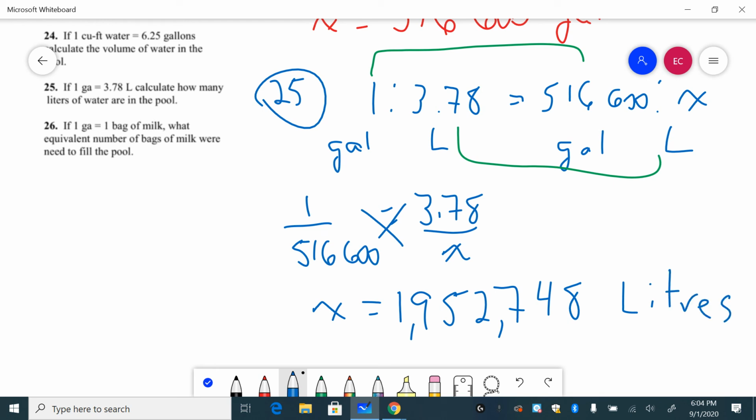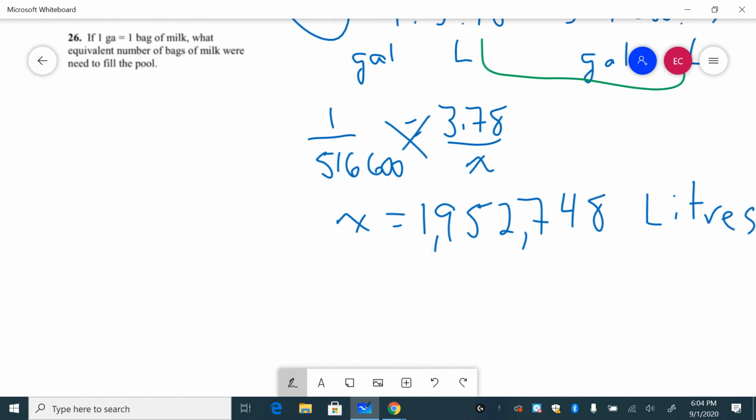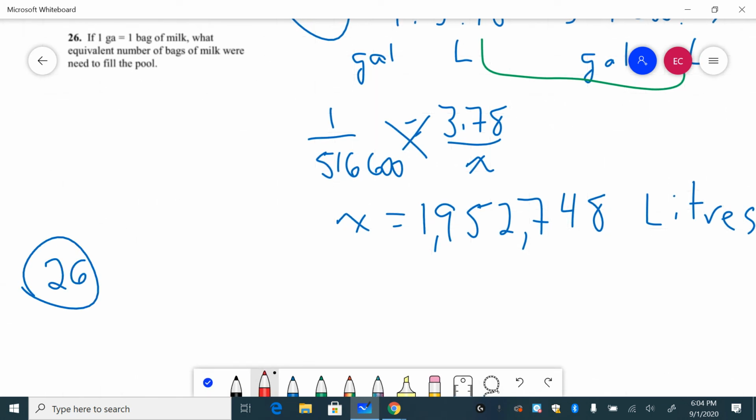Okay, for 26, same idea. It's 1 gallon is 1 bag of milk. So we'll set that up. We've got 1 to 1, so that makes it easy. Gallon to a bag of milk.